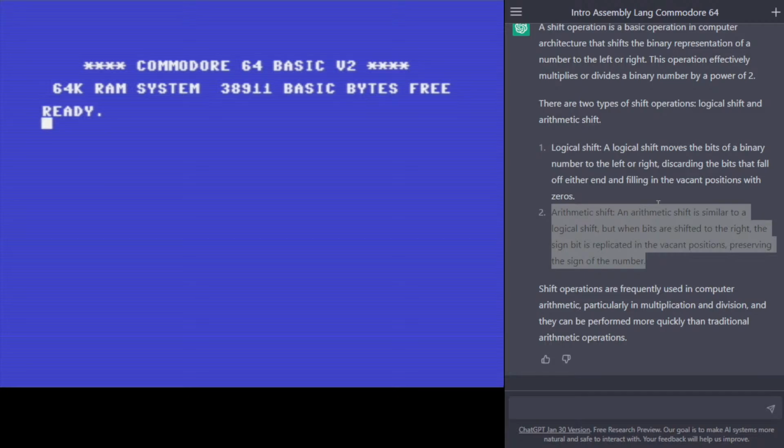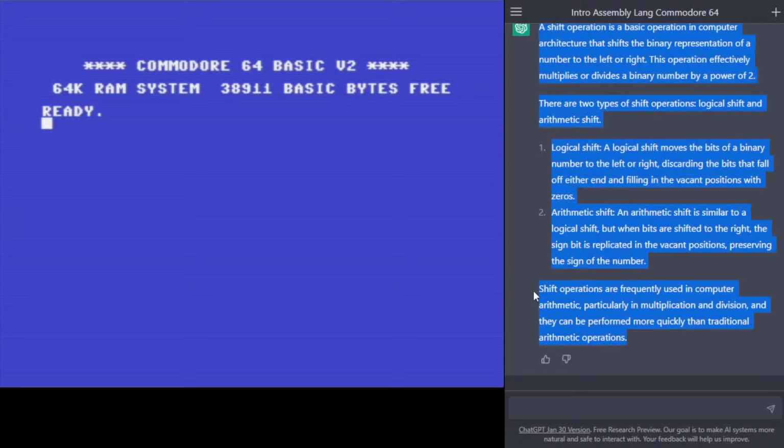So it sounds like the sign bit is following the number, but there has to be a way to know that it's the sign bit, not one of the number's bits. So I'm not quite sure how that works. So we will ask for information about the sign bit.